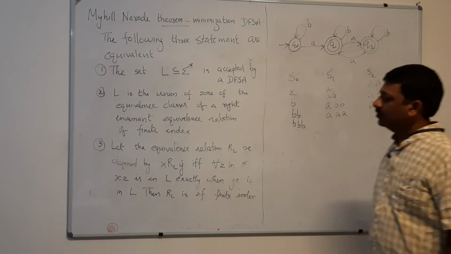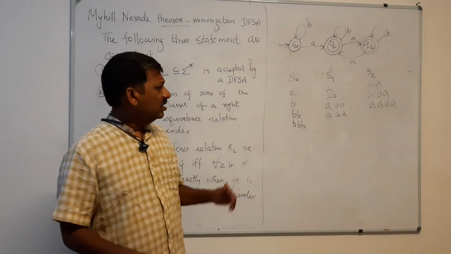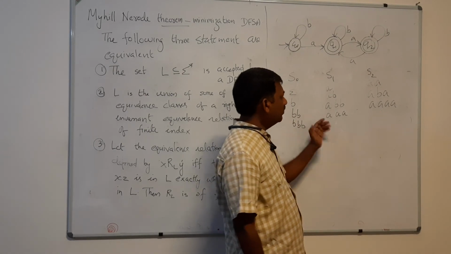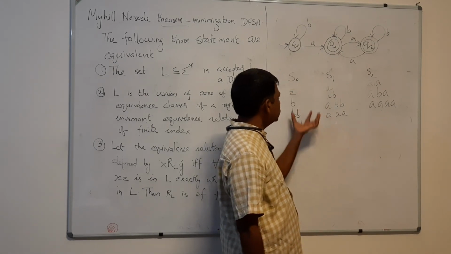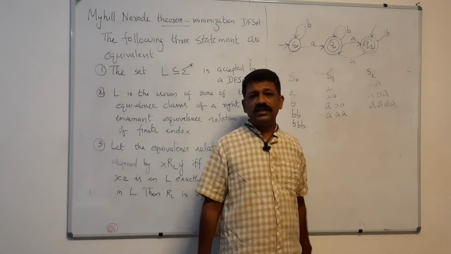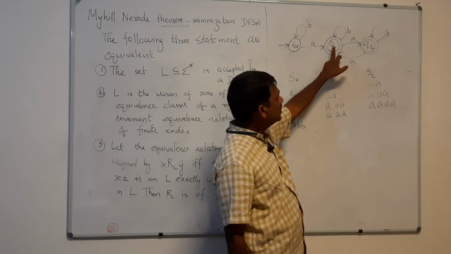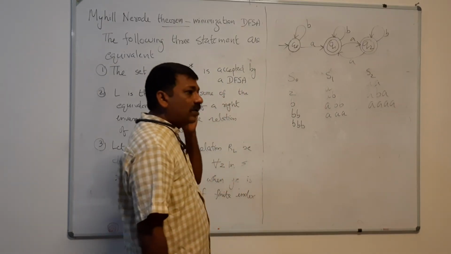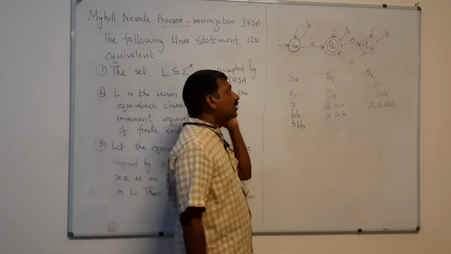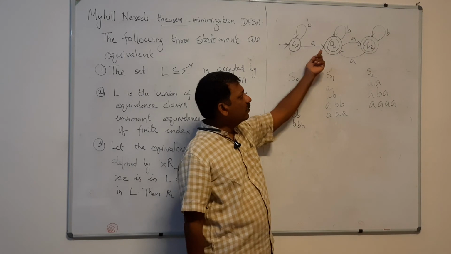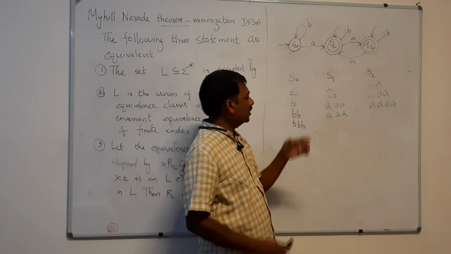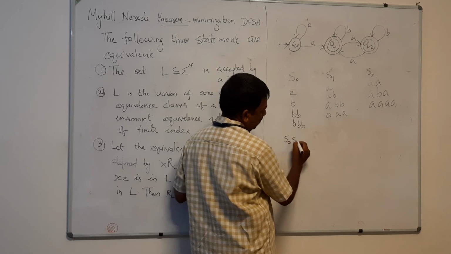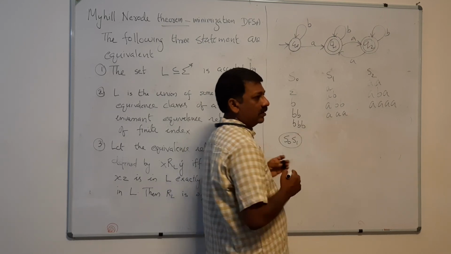Okay, now I am going to check whether these three can be merged. Now we have three equivalence classes S0, S1 and S2. Here the final states are Q1 and Q2. Now, whether these two are compatible for merging, that means I am checking whether S0 and S1 are mergeable.